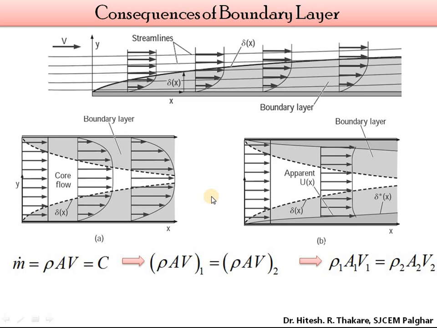And as we also know the Darcy-Weisbach equation, in that equation velocity is in the numerator, which means as you increase the velocity, the head loss due to friction also increases, which means the pump has to be supplied with extra power if you want to maintain the same mass flow rate through the pipe. All this happens only because of the formation of the boundary layer.